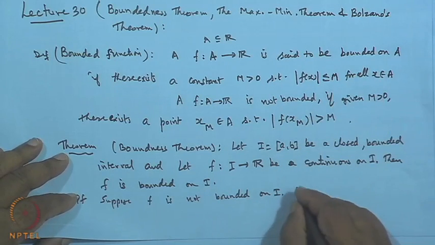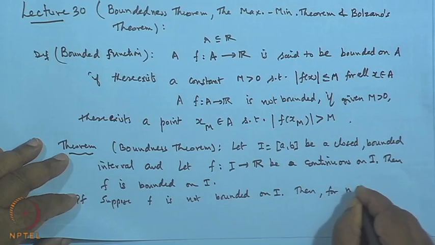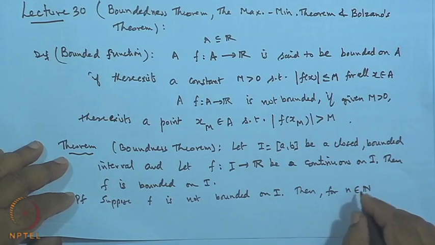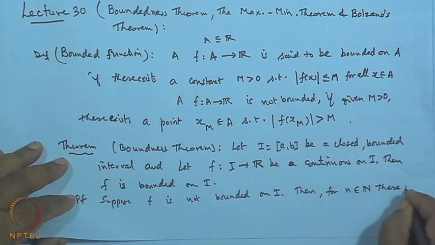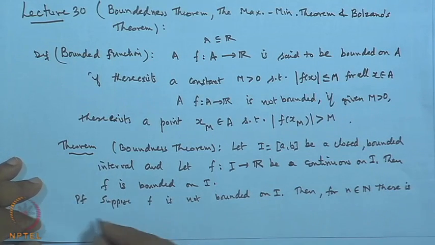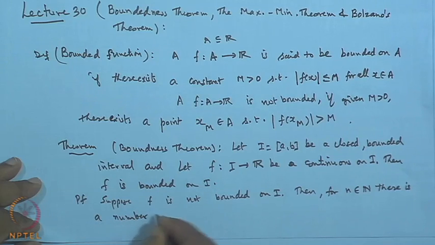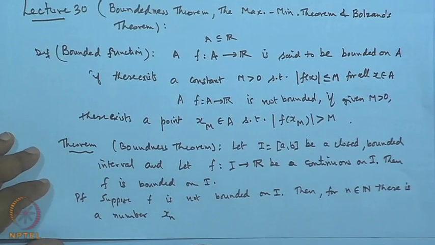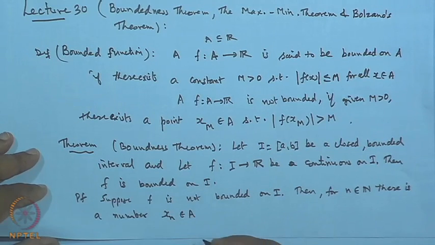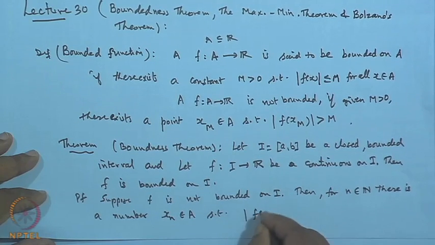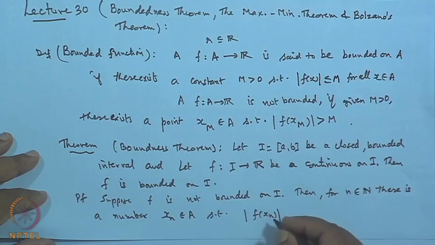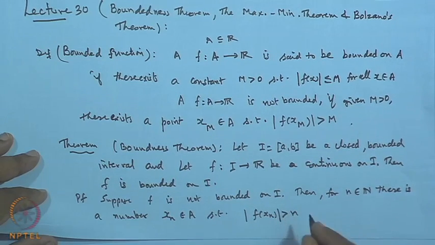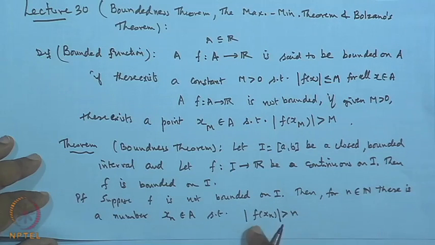So, for any n belonging to the natural numbers, there is a number x_n in the set A such that the absolute value of f(x_n) will exceed n. So, corresponding to 1 we get a point x_1 in A so that f(x_1) is greater than 1, for 2 we get x_2, and so on. So, we get a sequence of points in A which satisfy the condition that f(x_n) is greater than n.